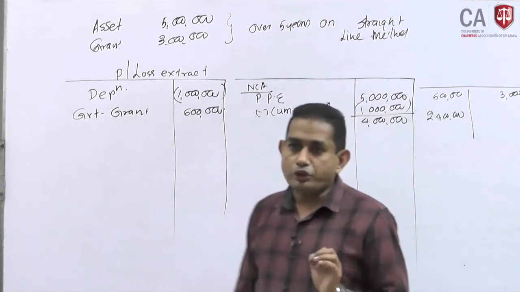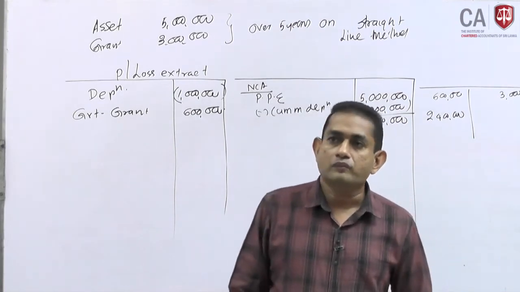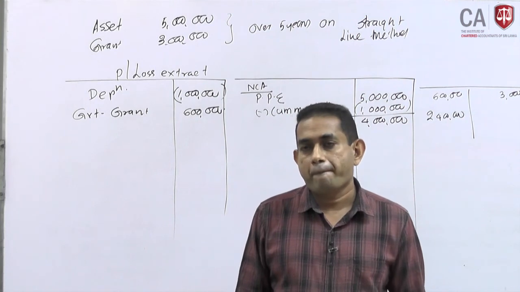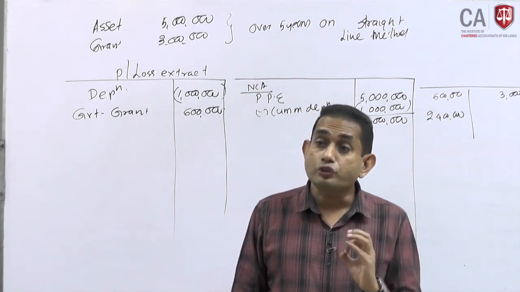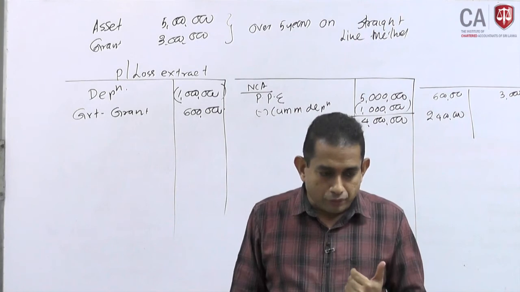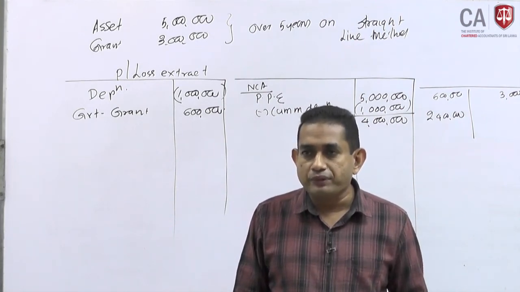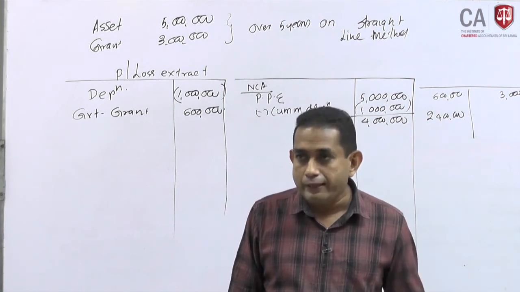So, where are we going to show this 2.4 million rupees? This 2.4 million is the balance which has to be recognized to profit and loss over the remaining 4 years ahead.